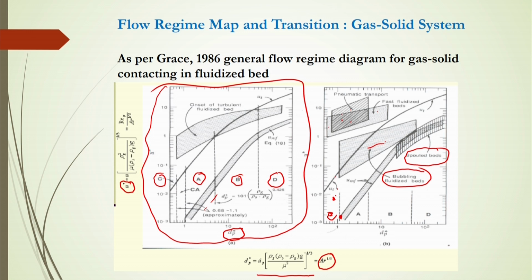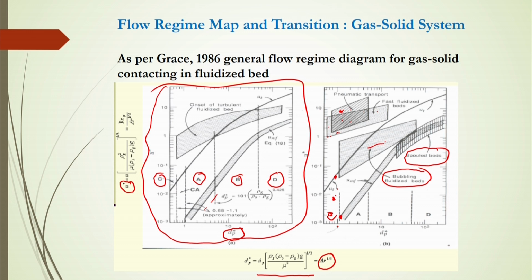So, with this dp star you can get one terminal velocity. Suppose u star is somewhere here, 1. This is the beginning of the first fluidization condition, and beyond this, suppose up to 10, at this location you can get the pneumatic transport condition.